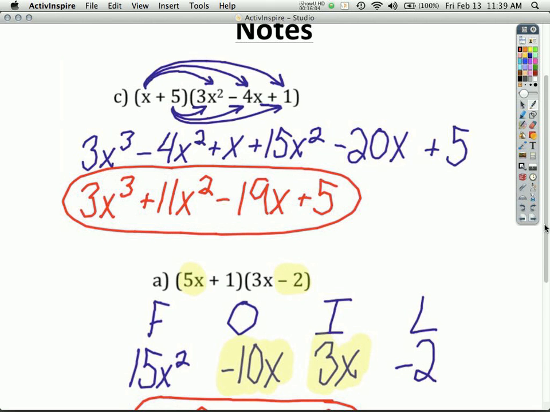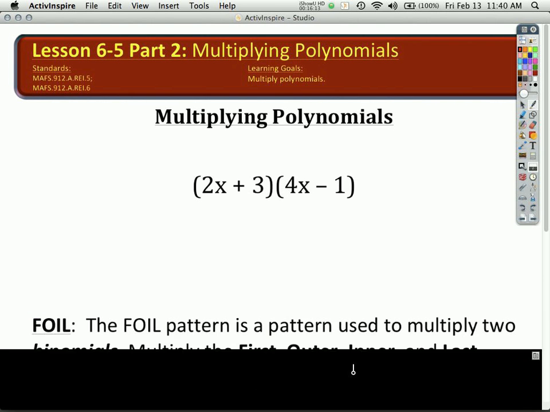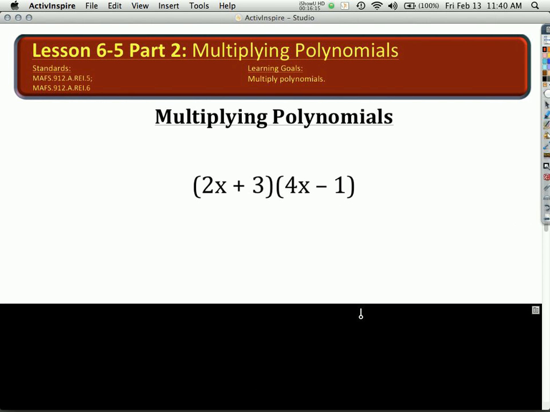So there are a few new things today, but most of it you already know. So let's talk about what we do know. Multiplying polynomials. Write that down, please.